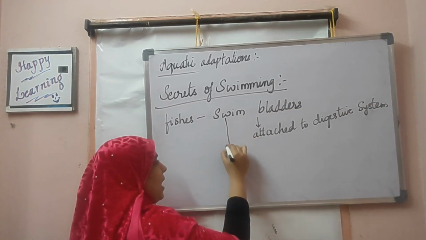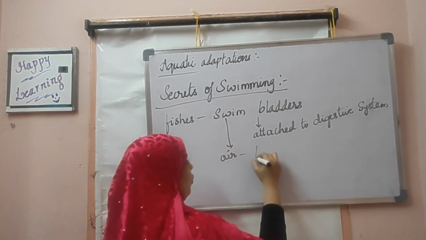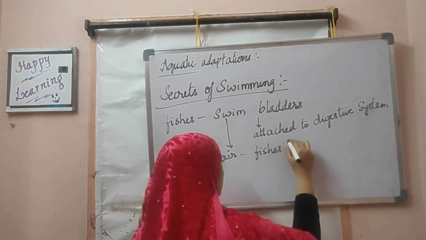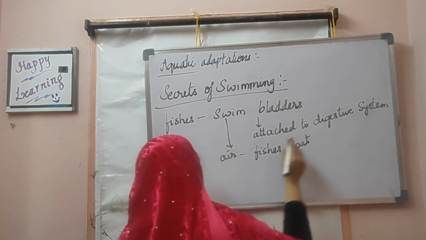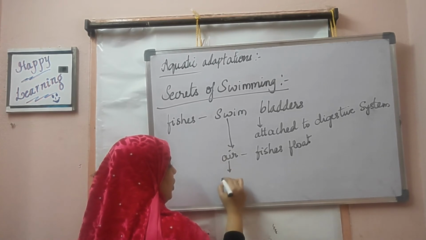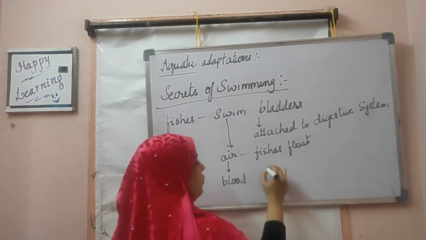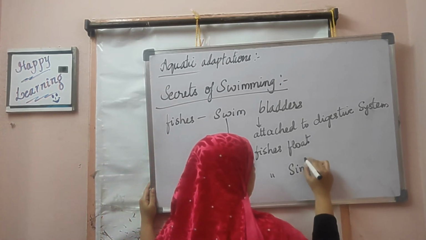Okay, if the swim bladder is filled with air, the fishes float. When the swim bladder shifts the air into blood, air enters into blood, the fishes sink.